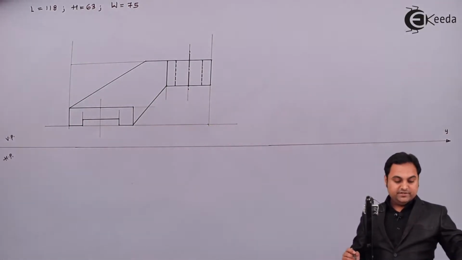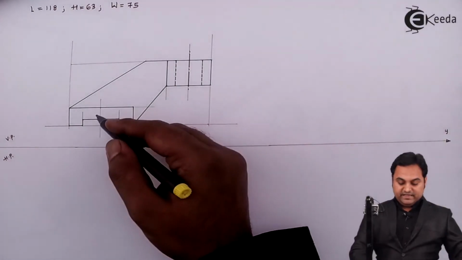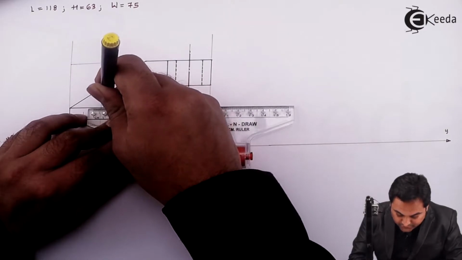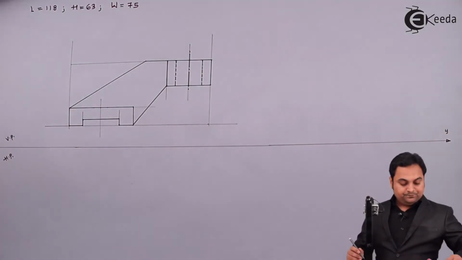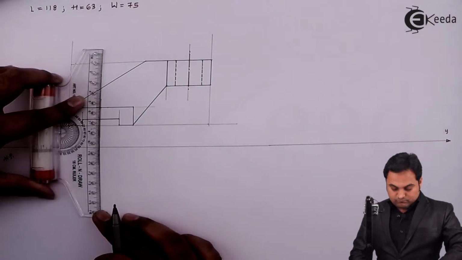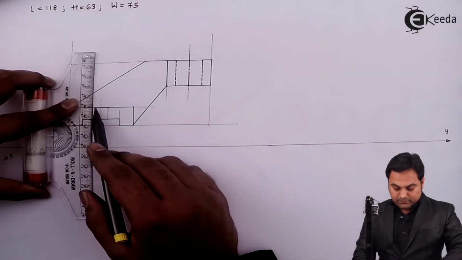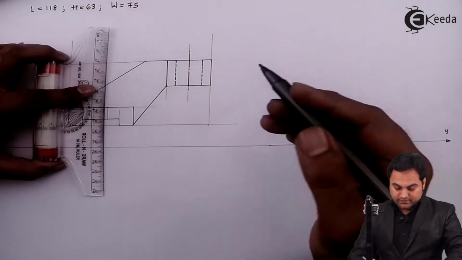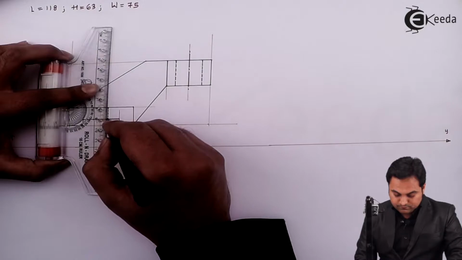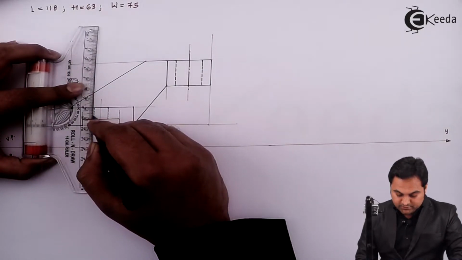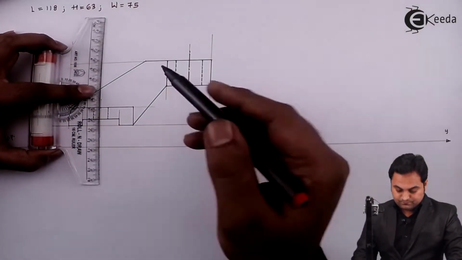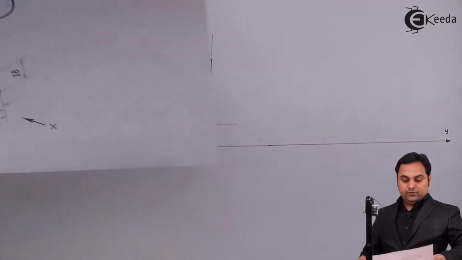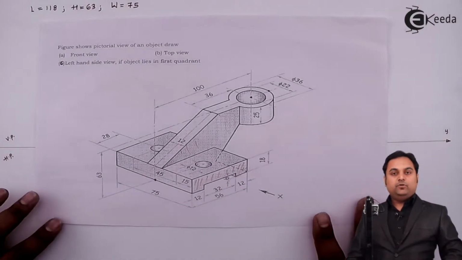Drawing a light line indicates the center line. This circle has a diameter of 12 mm, so measuring 6 mm on one side, 6 mm on the other side, that gives me 12 mm. Light vertical lines, and then making them dark. So this is the hidden circle. So here we complete the front view for the given object.